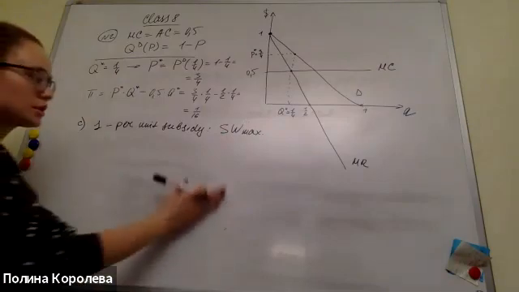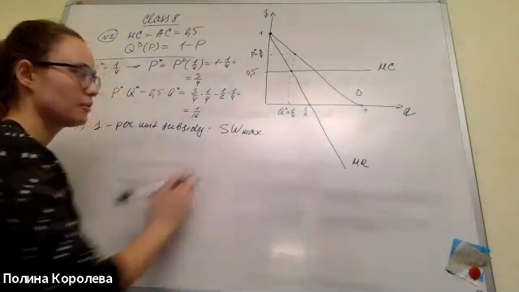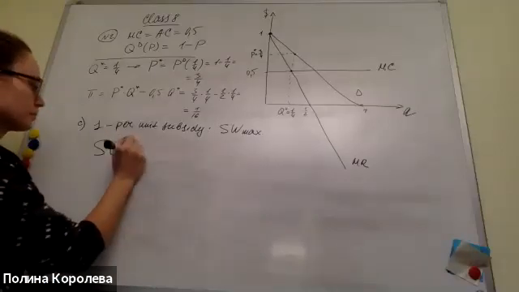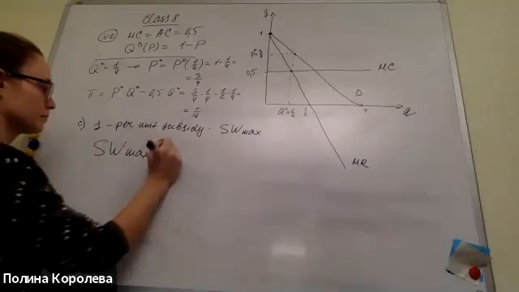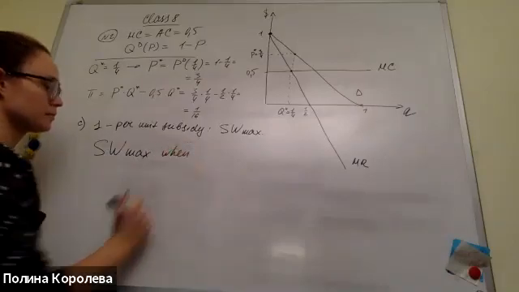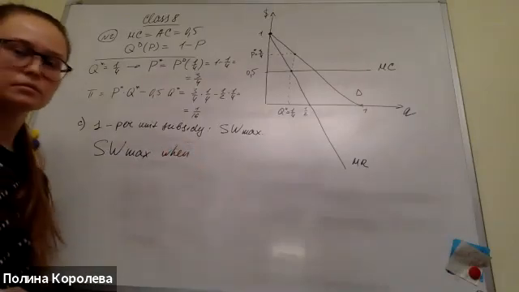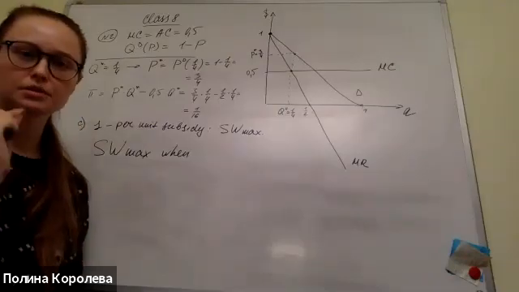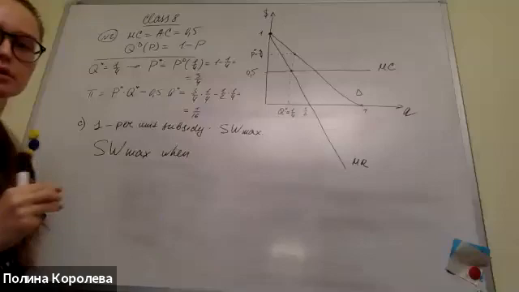In which market and under which conditions will we have maximal social welfare? Perfectly competitive market. Yes, in a perfectly competitive market without government intervention, we do not have deadweight losses.